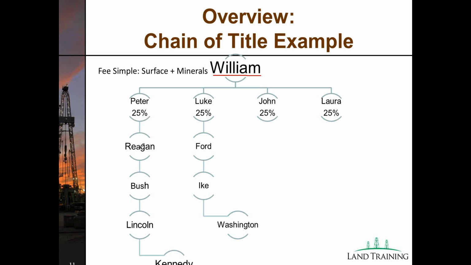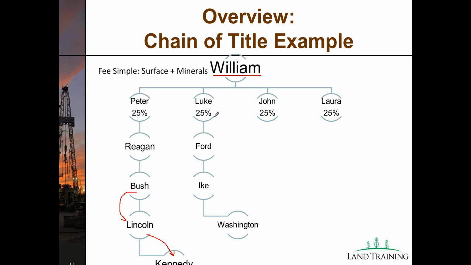And then Reagan's going to convey that same 25% to Bush. And Bush can then convey that same 25% to Lincoln. And Lincoln's going to get that 25%. So if we did the property at this point, the ownership would be Kennedy 25%, Luke 25%, John 25%, and Laura 25%.